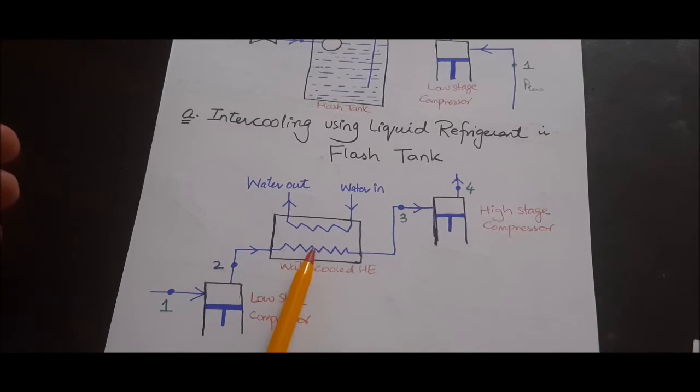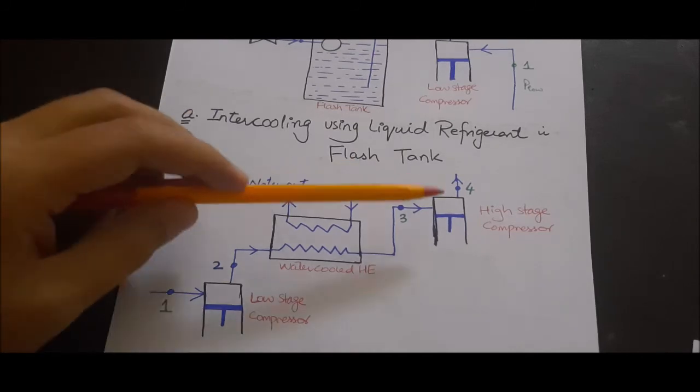The vapor is actually being cooled, and the intercooling process takes place between the two compression stages. So these are the two basic methods of intercooling between the two compression stages.